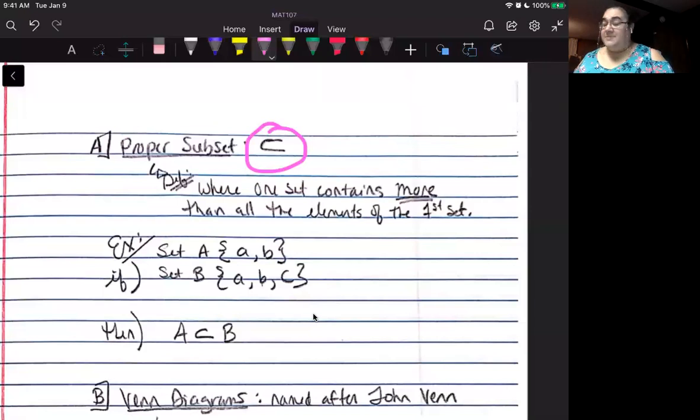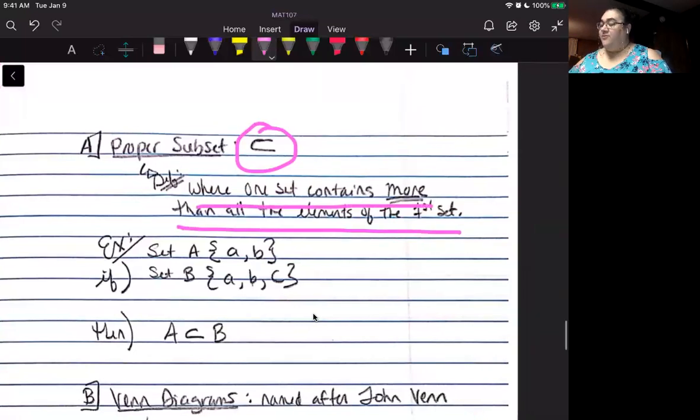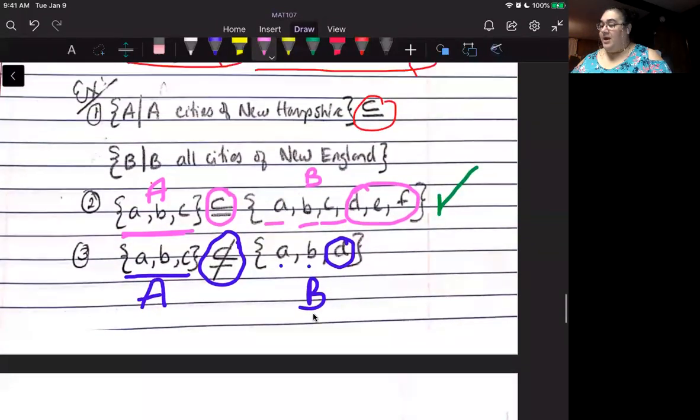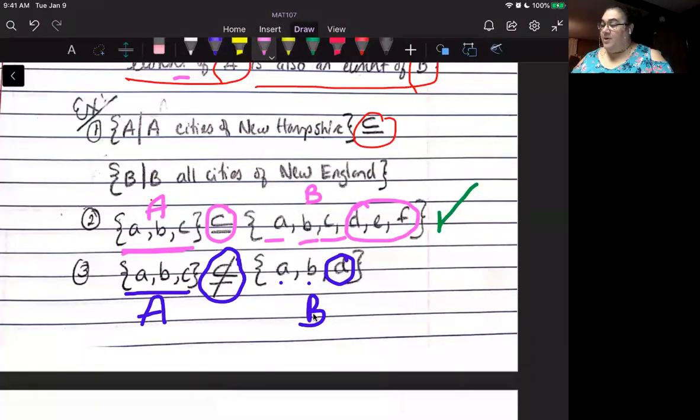So a proper subset is defined where one set contains more than all of the elements of the first set. In essence, if we go back up to this example right here, instead of using the subset symbology, we could have simply used the proper subset symbology.